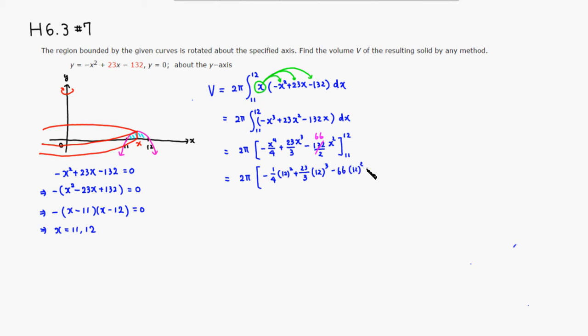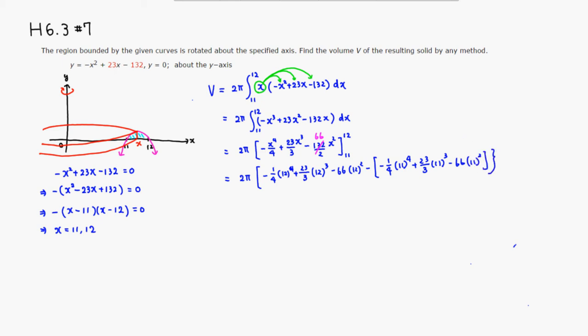Minus, and I'm going to put this bracket, the same thing with the 11. Actually, I messed it up. So this is negative 1 over 4 times 11 to the 4th, plus 23 over 3 times 11 cubed, minus 66 times 11 squared.